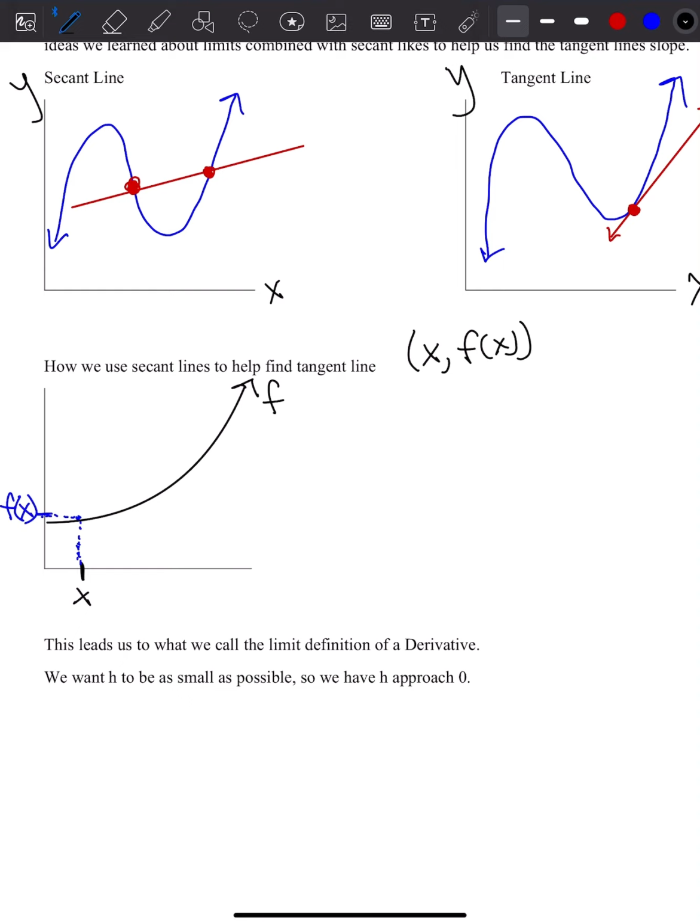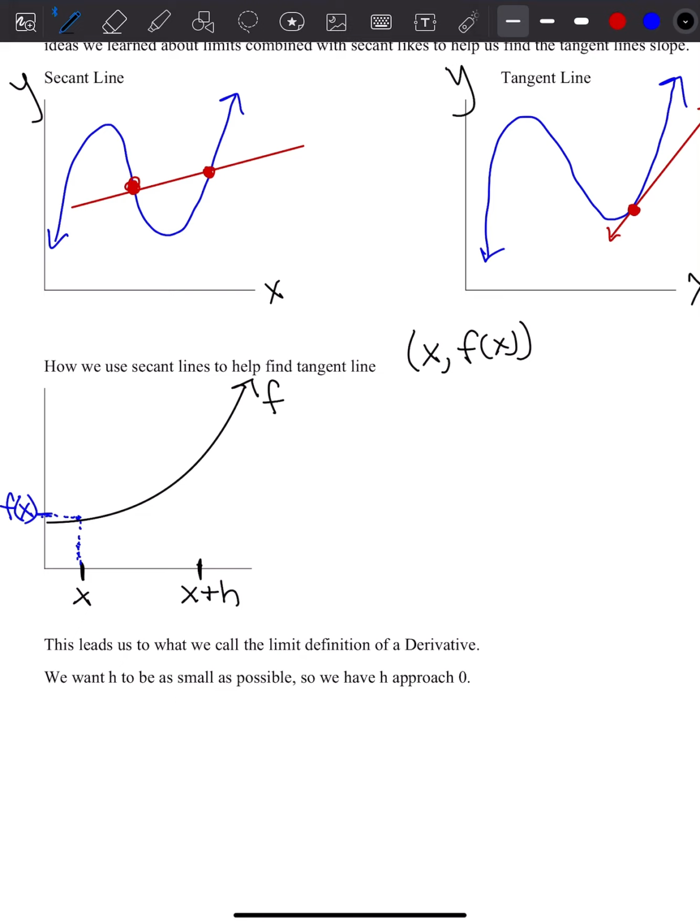So now, if I have a point that is h away from x, we could call that x value x plus h. I just need some distance from our x value, and it can be whatever size, which is why we're using this variable h.